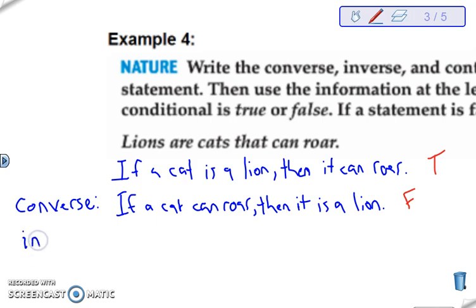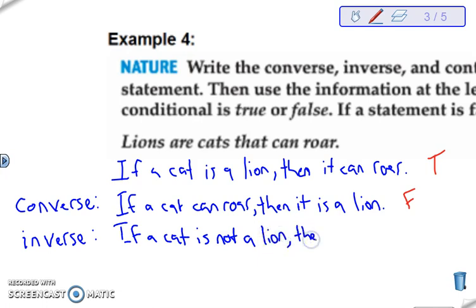All right, so then we have the inverse, which means we're just going to take the original sentence and negate it. So if a cat is not a lion, then it cannot roar.